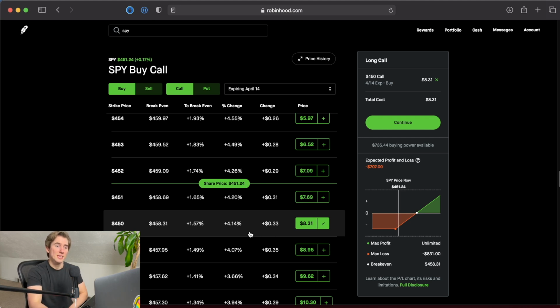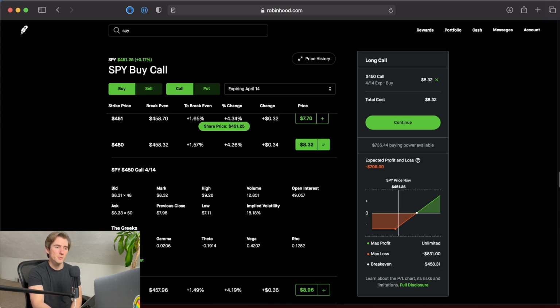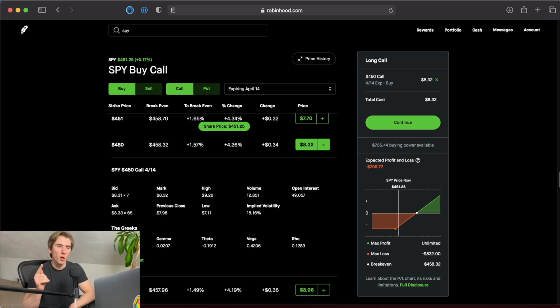Delta is the amount that your option changes by for every dollar that the stock moves. And the delta for this option specifically is 53.4. So for every $1 that SPY goes up, this option is going to gain $53.40 in value. So if SPY goes from $451 now to $452 later, this option should be worth around $54 more.